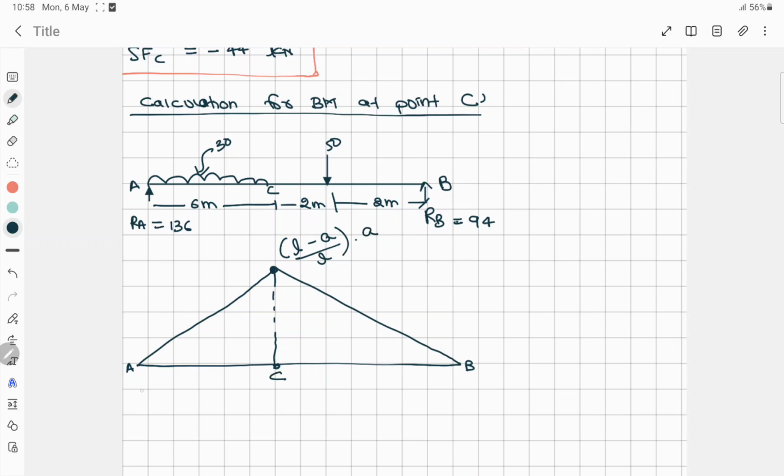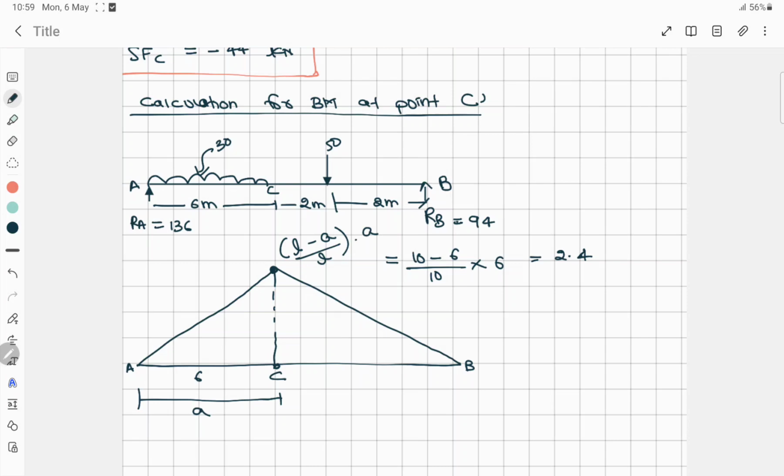From here to here we assume it's A, and L is the total length, that is 10 minus A is 6, so 6 divided by 10 into 6, so we'll get the value around 2.4. Sorry, it's not a meter, it's 2.4 kilonewton.